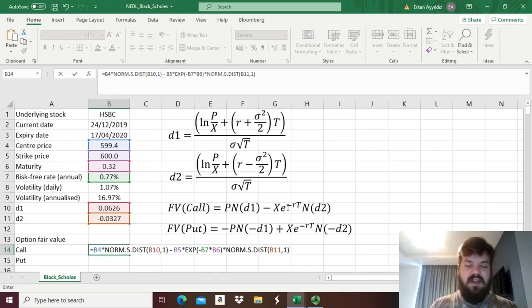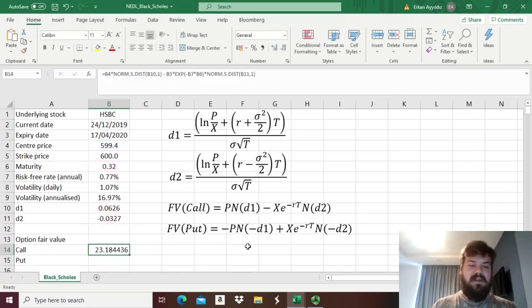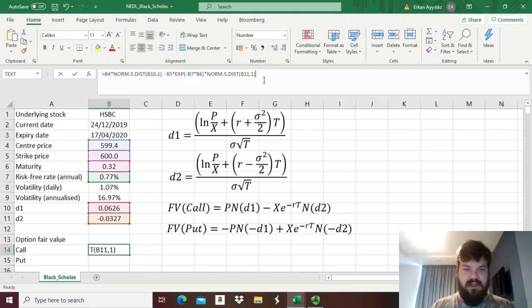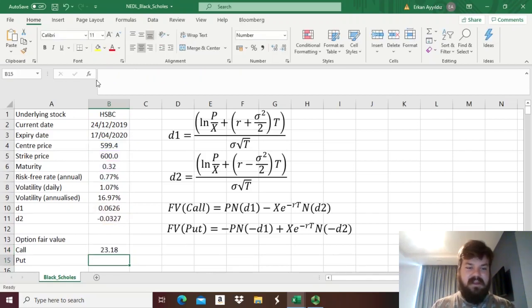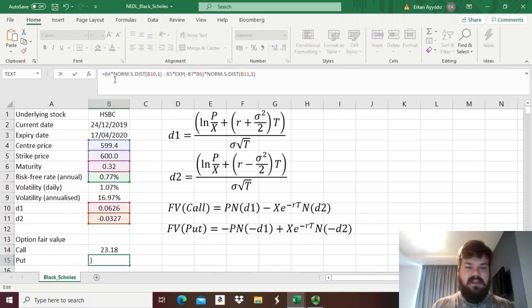And the logic is the same yet inverse for puts. So we need to apply this formula, and we see that the fair value of the call option is 23.18 pence per share. Now we can again just copy this formula and modify it slightly to get the fair value of the put as well.